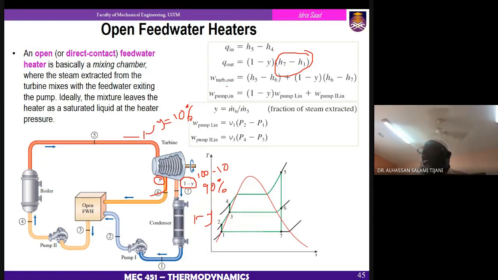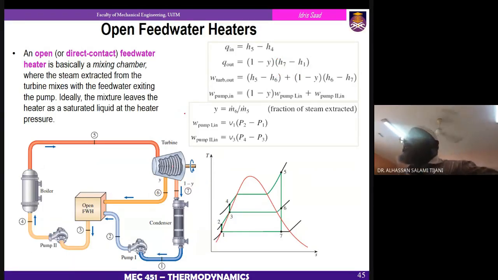Now the total work output by the turbine has to be expressed in terms of these parameters: H5 minus H6, plus H6 minus H7 times this fraction, 1 minus y, which continues to expand.